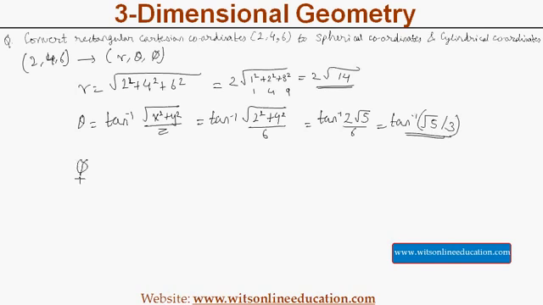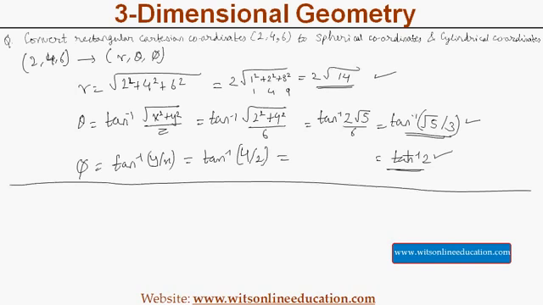Now phi is equal to tan inverse of y upon x, that is tan inverse of 4 upon 2, so this is tan inverse 2. So this is the value of r, this is the value of theta, and this is the value of phi.